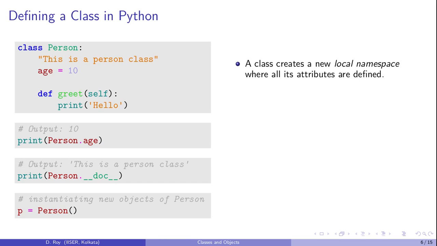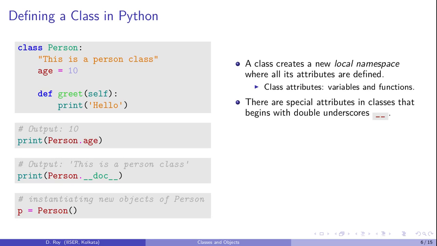So summarizing the concept, a class creates a new local namespace in which all the attributes will be defined. By attribute, I am referring to the variables and the functions. There are special types of attributes which are defined implicitly when we define the class. Those start with a double underscore and end with another double underscore. For example, as we have seen, __doc__ returns the doc string, and __name__ returns the name of the class.